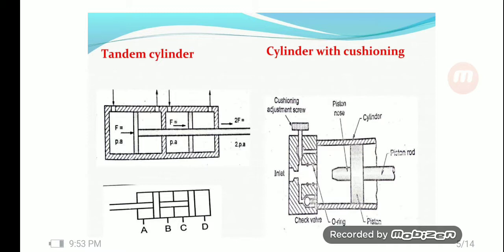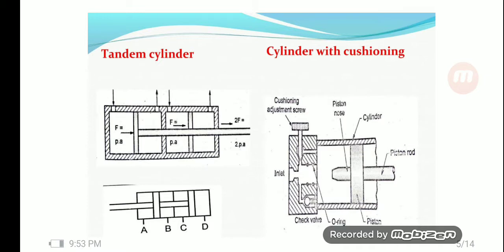In the first cylinder, when pressurized air is filled in the first compartment, at the same time in the second compartment, the same amount of fluid or air is inserted.